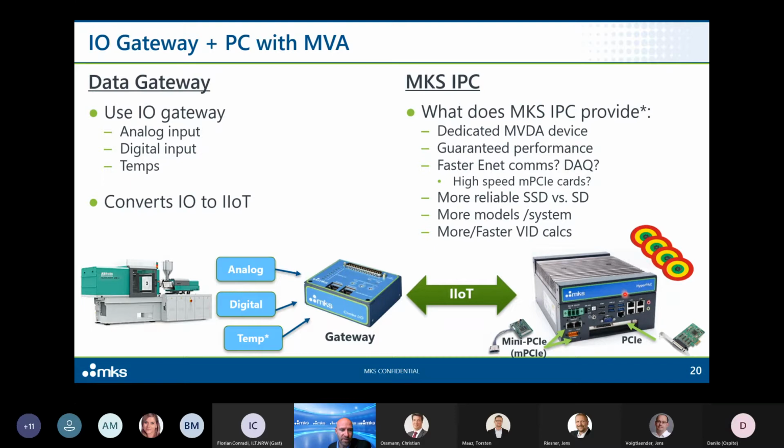What we can do is offload that analysis onto a remote device. MKS does have an industrial PC, and when you're using that analytics, whether it's on premises on the machine, or in the factory room, or at the factory level itself, by using the MKS controller, we're able to guarantee performance.